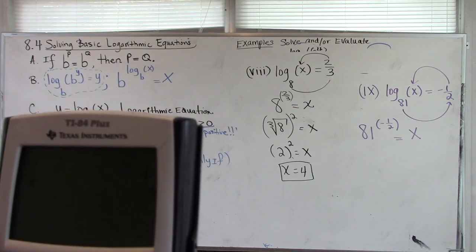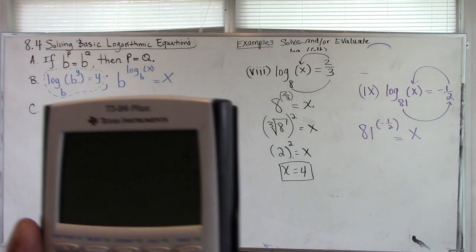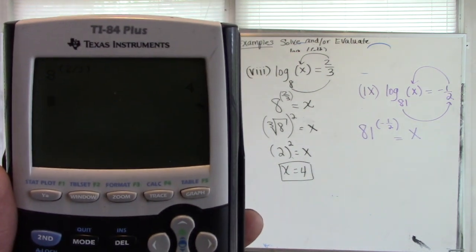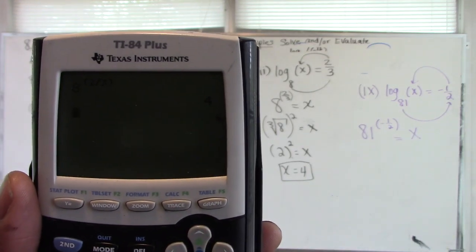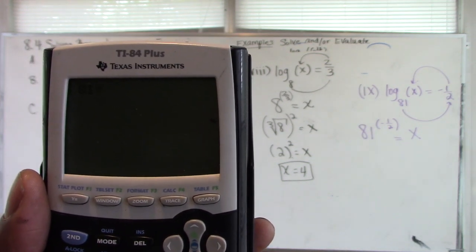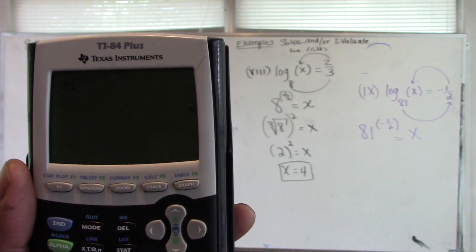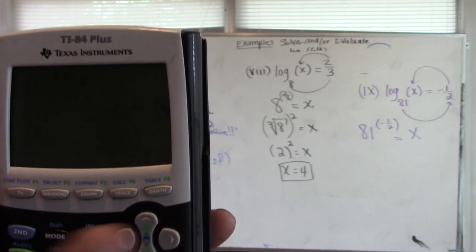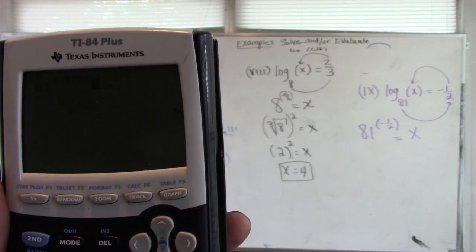Oh, see that? That's just 4. All right, how about the next one, which is 81? Clear it out, and let's do 81 to the parenthesis -1 divided by 2, close it, arrow right, hit enter.